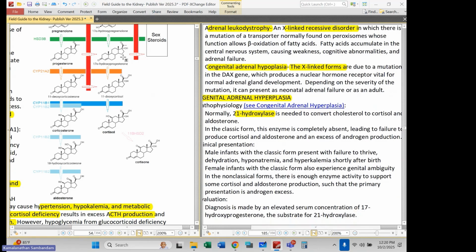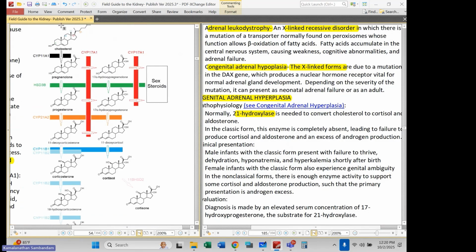Sex steroid hormone production would be intact. In fact, it might be upregulated. In a male, you might see precocious puberty, for instance, and that is because ACTH is driving the overall steroid synthetic pathway, and because I cannot make cortisol, I have overproduction of this limb of the steroid biosynthetic pathway.